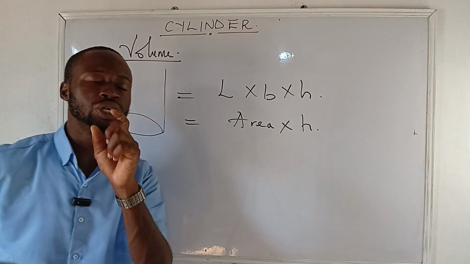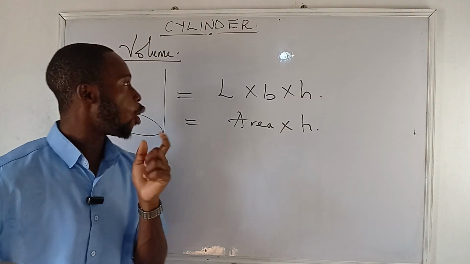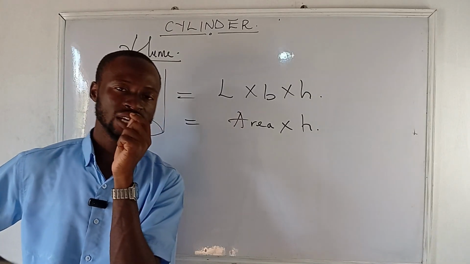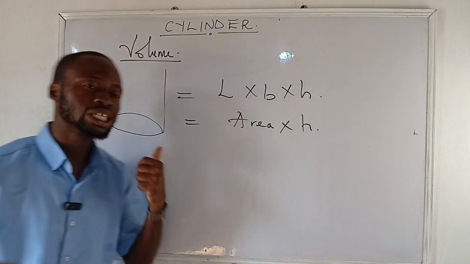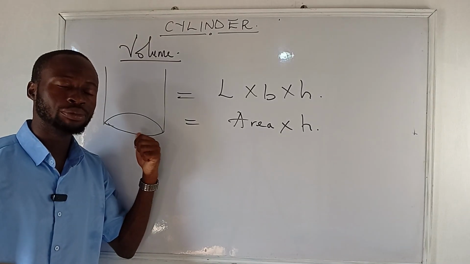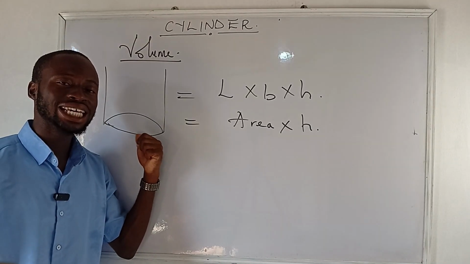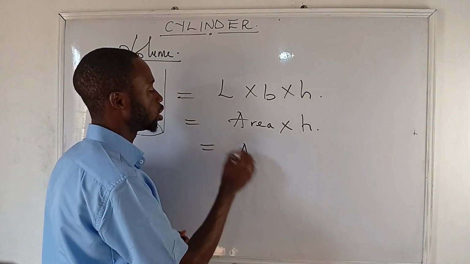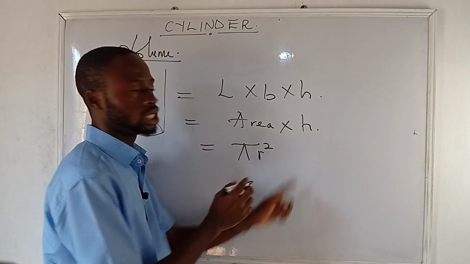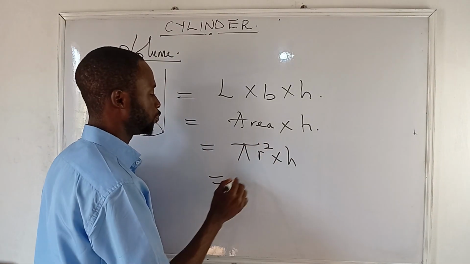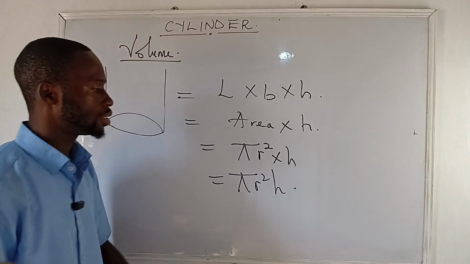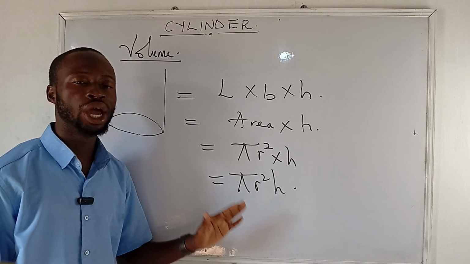So when we deal with the volume of a solid, we need to consider the base area. So what's the base of this solid? It's a circle. So what's the area of a circle? The area of a circle is pi r squared. Then what do I have here? h. So therefore the volume of a cylinder is pi r square h.